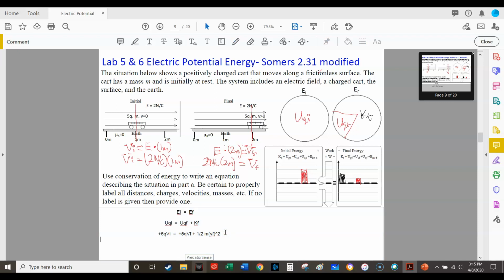So let's go ahead and put those numbers in here. So this is going to be a 5Q, and initially that's going to be 2 newtons per coulomb times 1 meter.